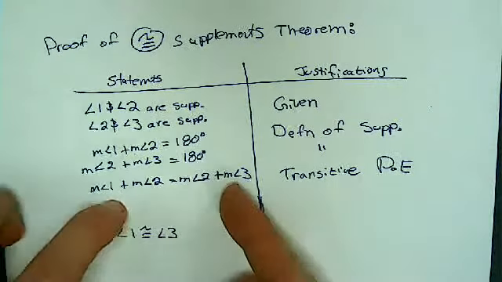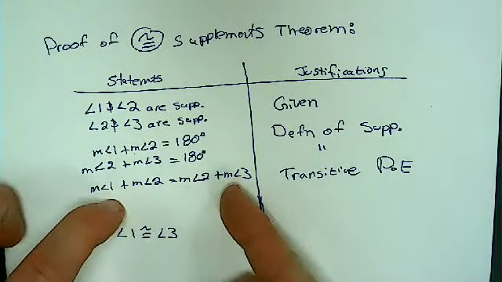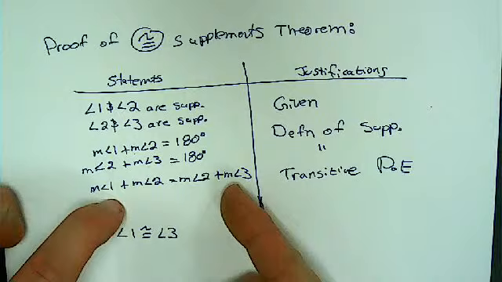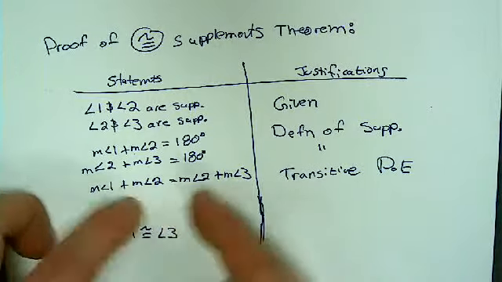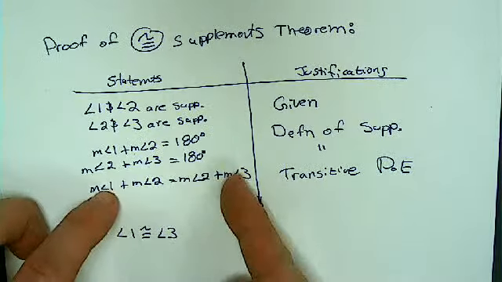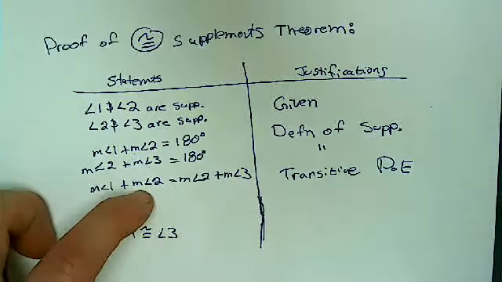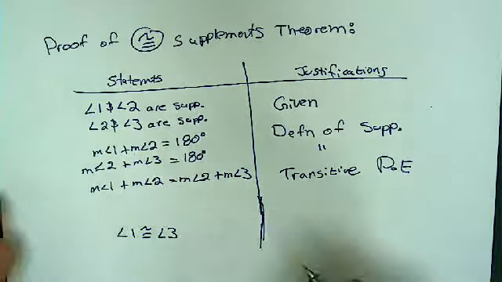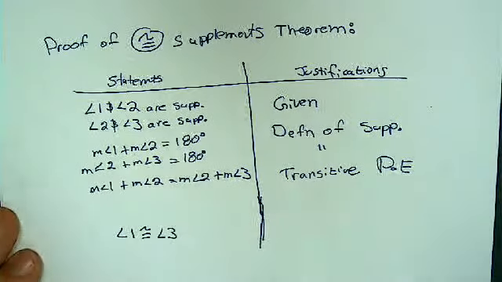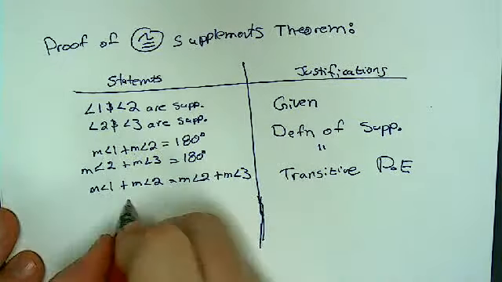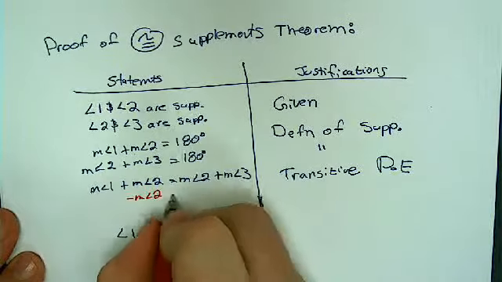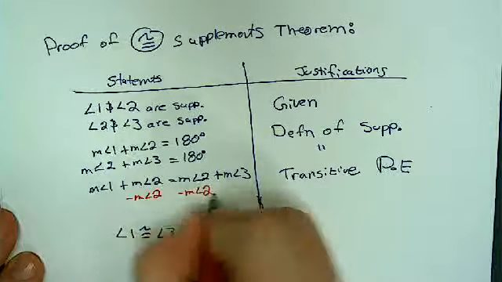Can I get the 1 and 3 by themselves? Is there anything I can do to get it down so it's just 1 over here and 3 over here, and these 2's are gone? Subtract what? All right, if I subtract, keep going. Subtract it from both sides. What rule are you using?